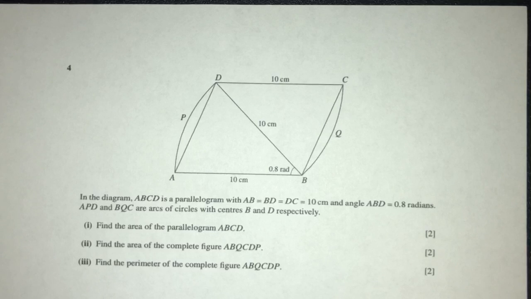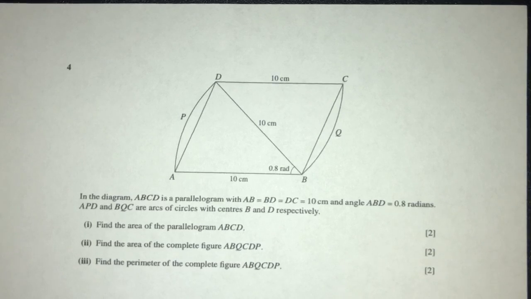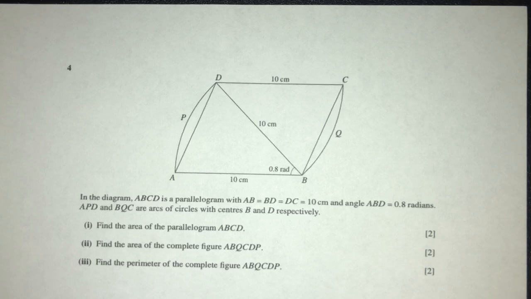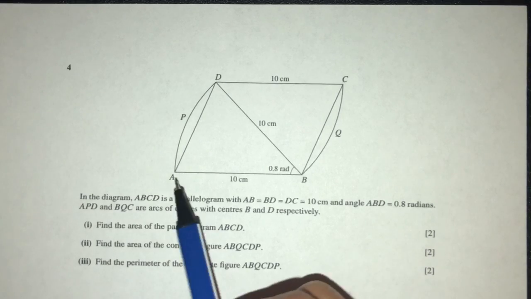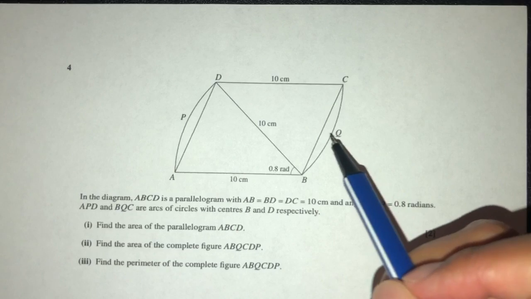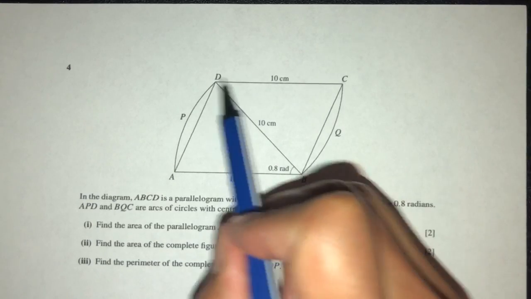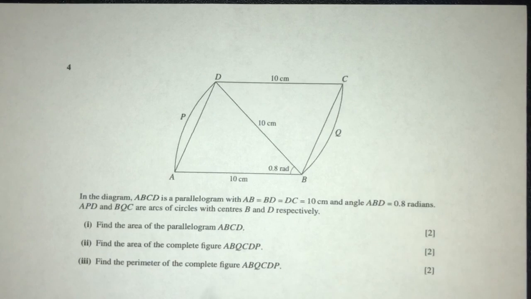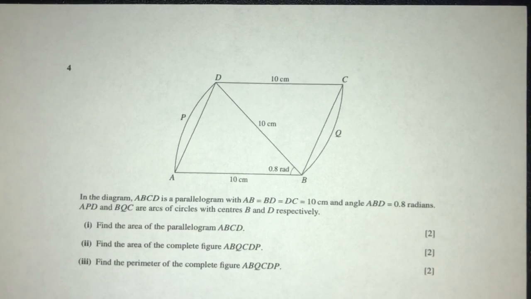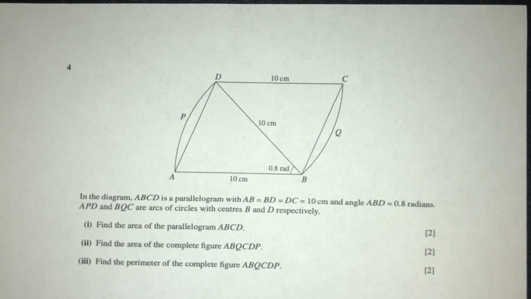In the diagram, we have ABCD is a parallelogram with AB equal to BC. So AB is equal to BC, so BD, this one, and DC, so this, and this are of the length 10 centimeters. Now what do we know about this shape?